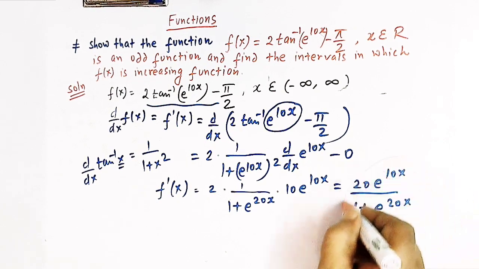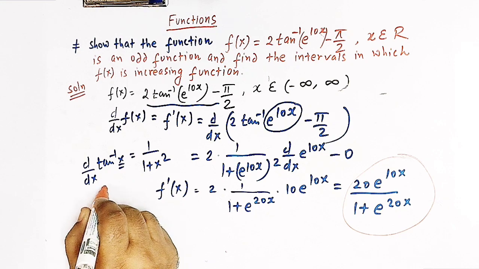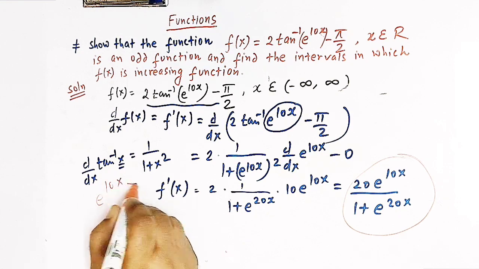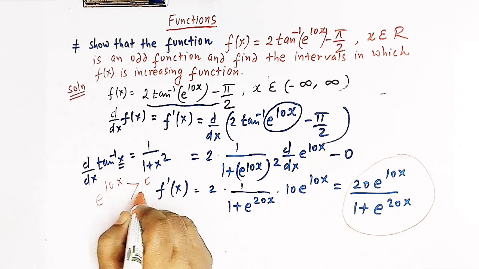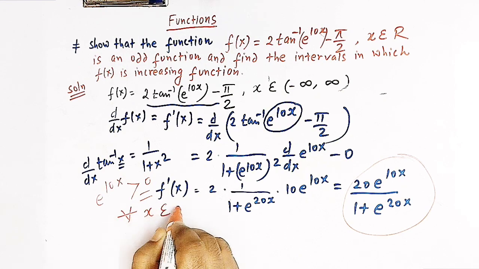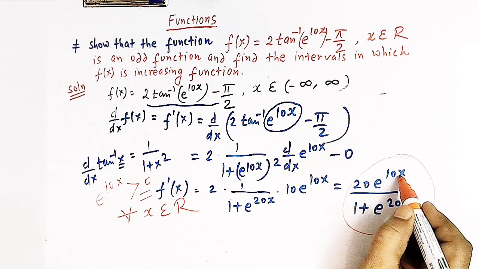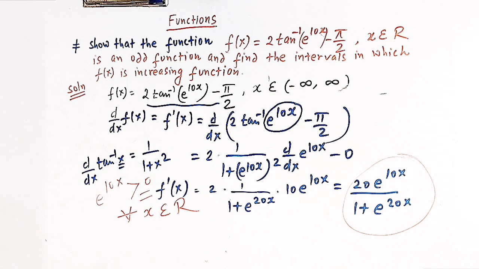So now consider this term, right? Now see, e raised to 10x is always going to be greater than 0 for all x belonging to the set of real numbers, right? So e raised to 10x is always a positive quantity, so 1 plus e raised to 20x is a positive quantity, right?